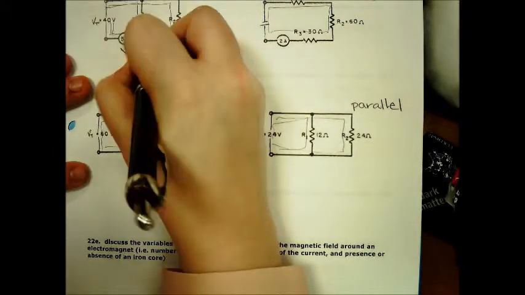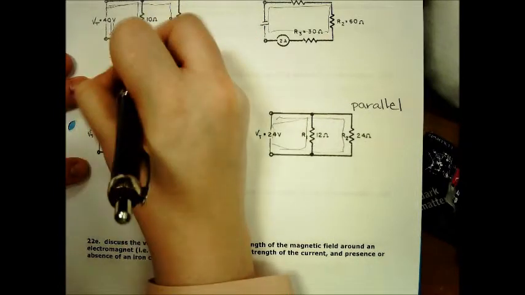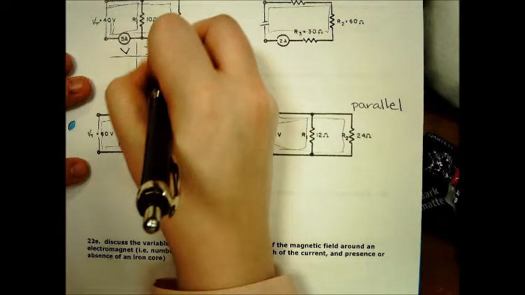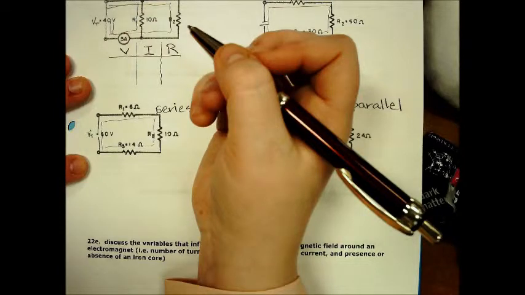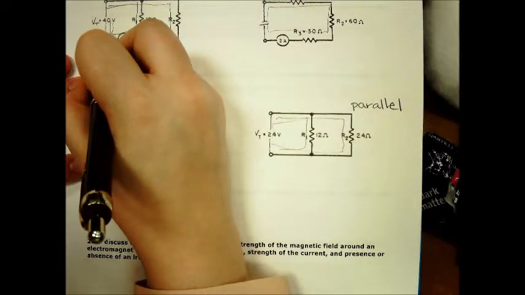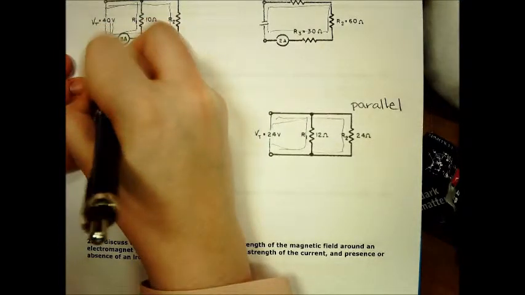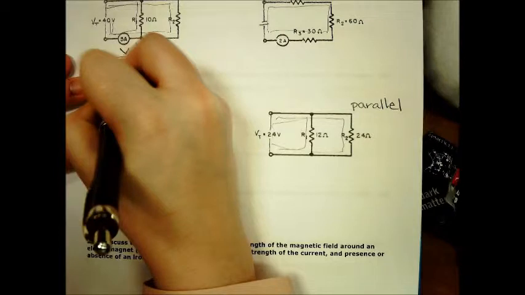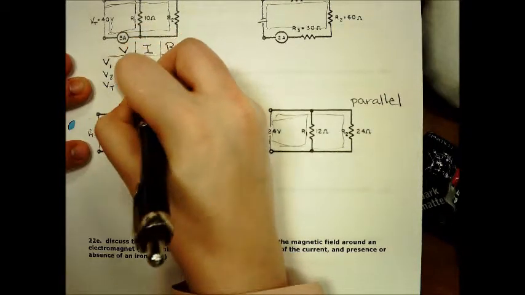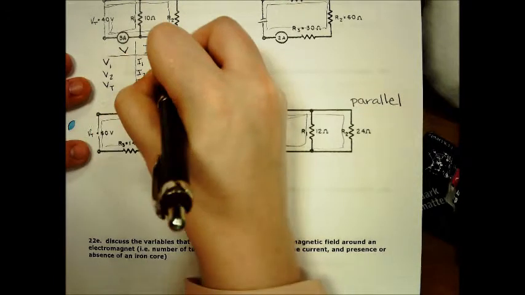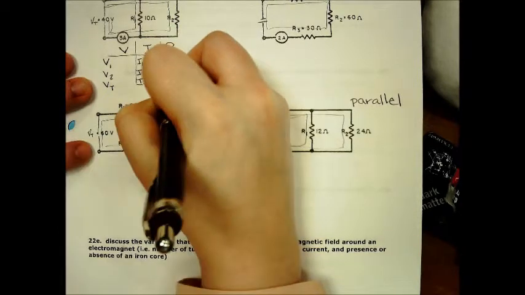Now I'm going to make some charts. V, I, R. Here we only have two resistors, so we'll have V1, V2, and V total, I1, I2, and I total, R1, R2, and R total.